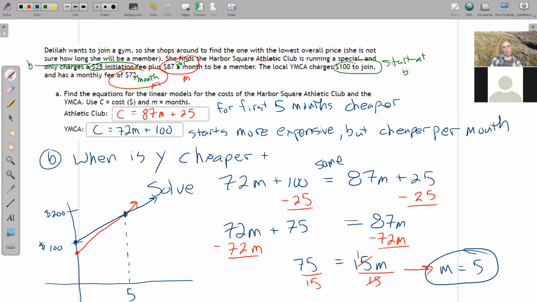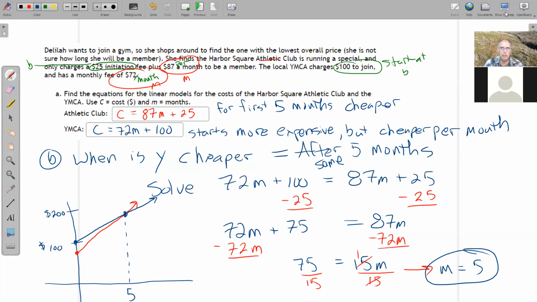So when is the Y cheaper? The answer would be after 5 months. Probably 6 months or more would be a good answer, because you probably have to pay for a full month up front. The only way to check that is to plug in some numbers, so that would be the next thing I would do.